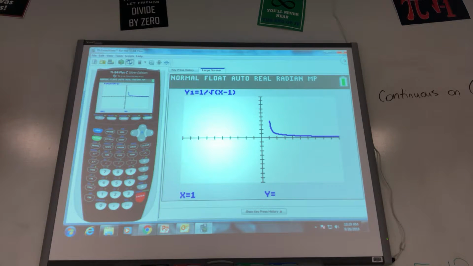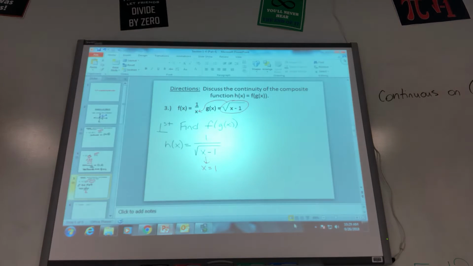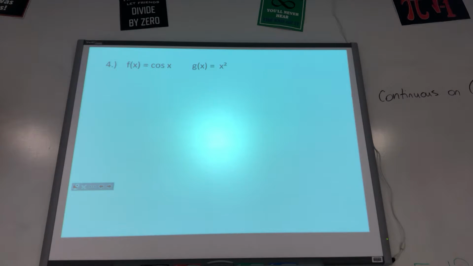Okie doke. Now, I think we're going to try just one more of these. Example 4. Then directions change one last time. Example 4 has f of x equals cosine of x, and g of x equals x squared.